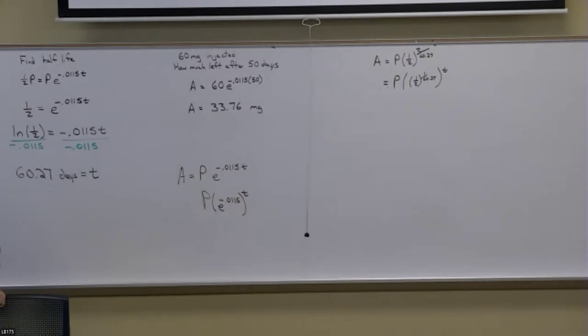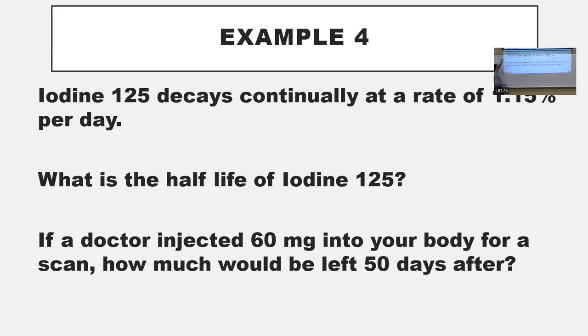Again, I'm not going to ask you to rewrite an equation from the way we started it in the original form. I'd ask you questions like these. But it's nice to have both versions, because sometimes, like in example 4, you're given a decay rate.